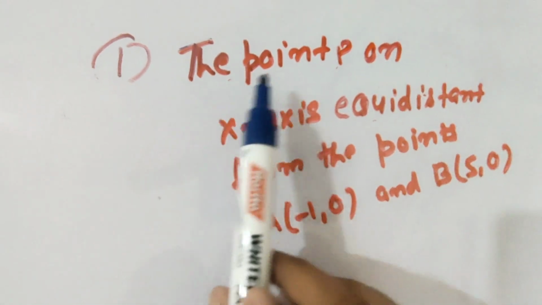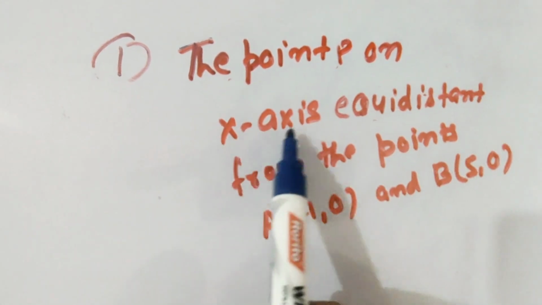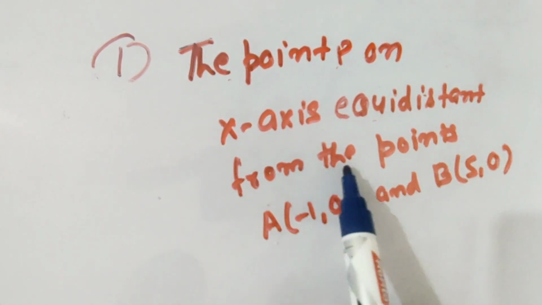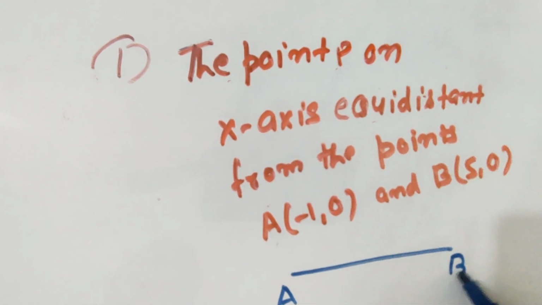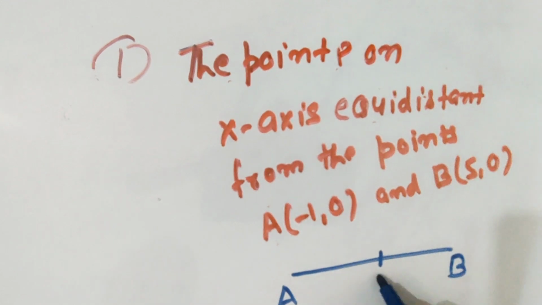Same question: the point P on the x-axis is equidistant from the points A and B. Just take A and B. A is (-1, 0) and B is (5, 0). P is (x, 0), with y coordinate 0 because the x-axis is given.